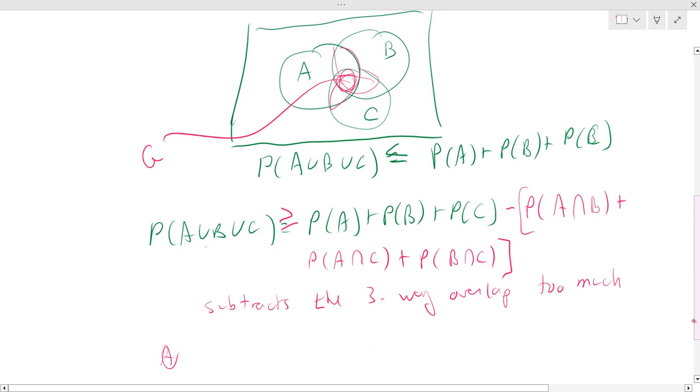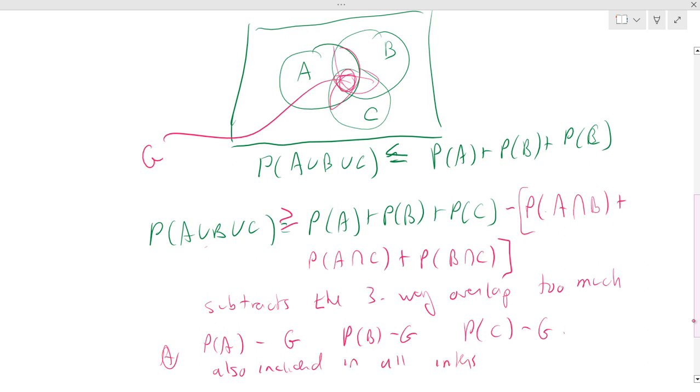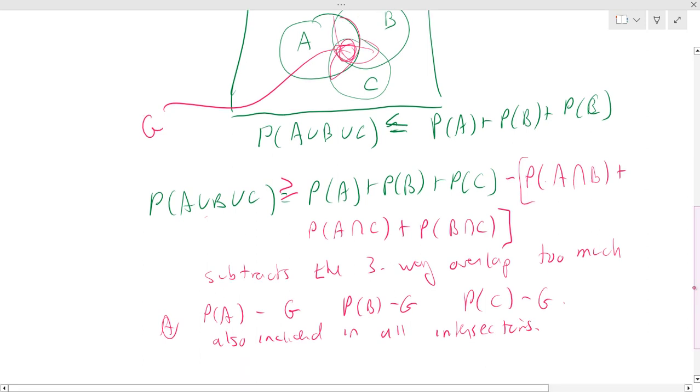So P of A has G once, P of B has G once because G is included in B, P of C has G once. And then all of these intersections also include G. So what I've done is I've added it 3 times and I've subtracted it 3 times. That means that G is not included in the sum.